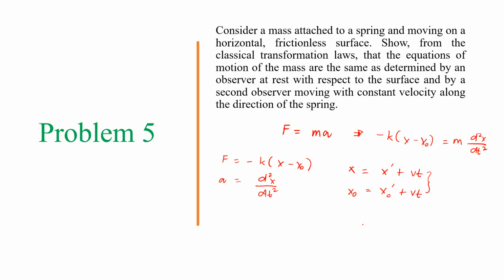Now we can also get the second derivative of x with respect to time. So the acceleration a is just equal to the second derivative of x with respect to time. This is just equal to the second derivative of x prime with respect to time.